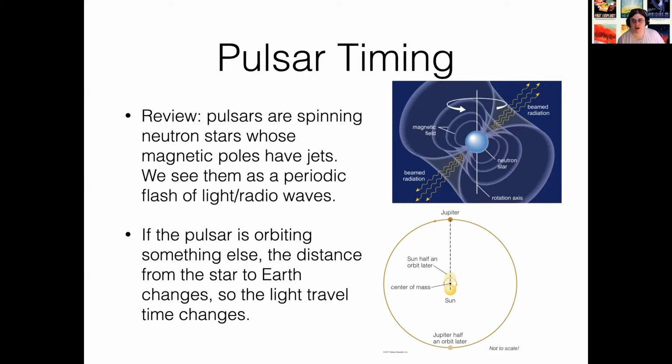For the pulsar, the light travel time from that pulsar changes over one orbit of the planet. That means that some of the pulses are going to come early if they're on the near side of the orbit, and some of the pulses will come late if they're on the far side. There'll be a very periodic thing telling us that this pulsar is wobbling back and forth.